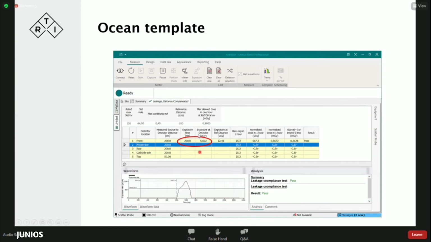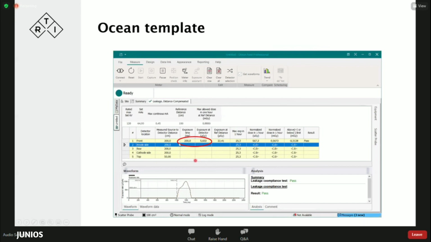The exposure time and the exposure detector is collected, and then after this exposure, the scatter probe will calculate these measurements in the template, and the rest are calculated depending on the preset formula.